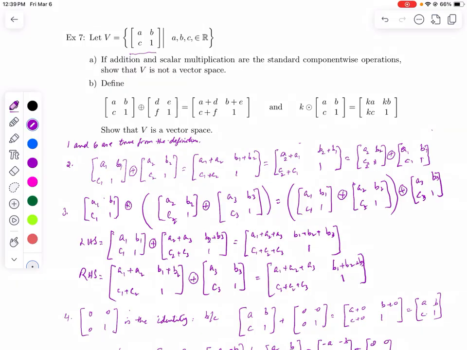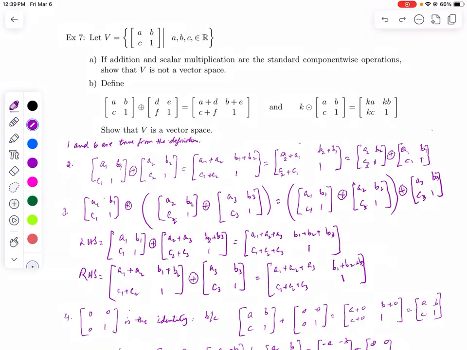So if you have a matrix where a, b, c are real numbers, and you have a 2 here in the place of 1, then that is not in this set. Or a 3 or any other number. So 1 is just going to stay 1. It says if addition and scalar multiplication are the standard component-wise operations, show that V is not a vector space.